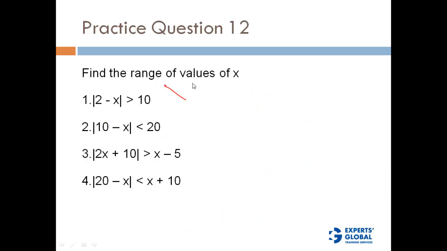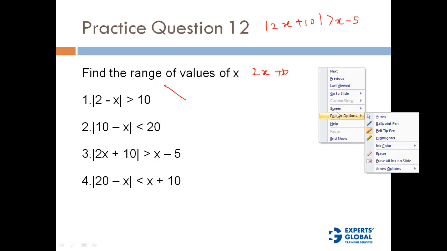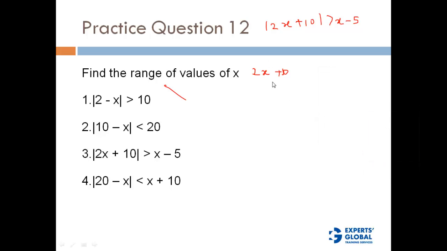Okay, third one is, so we have the absolute value of 2x plus 10 greater than x minus 5. Great. So the first inequality we get is, let me just rewrite it, 2x plus 10 greater than x minus 5.